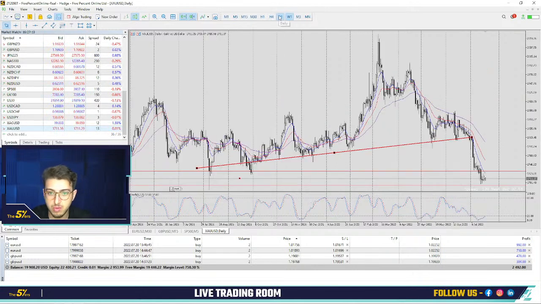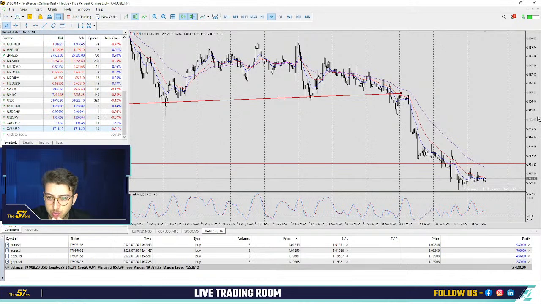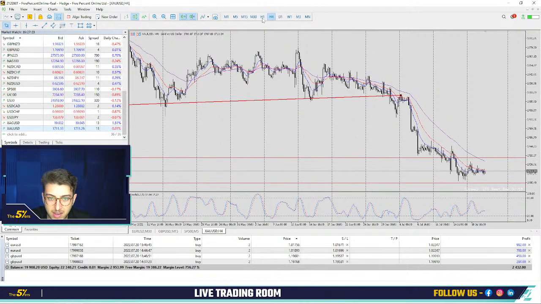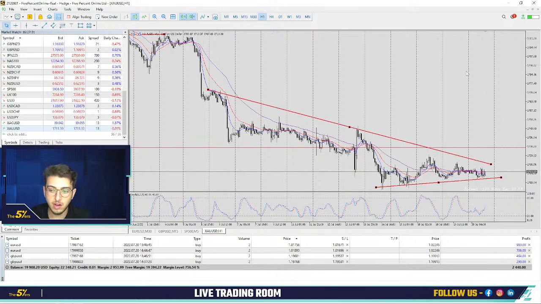So this is a weekly view, but also on the daily, I'm not a trader who expects a breakout. I don't like to expect a breakout. That's not what I believe in. And here already we see that the market started to give some support at least. The market is still on a bearish momentum, but when gold starts to rise, it will explode on the upside.